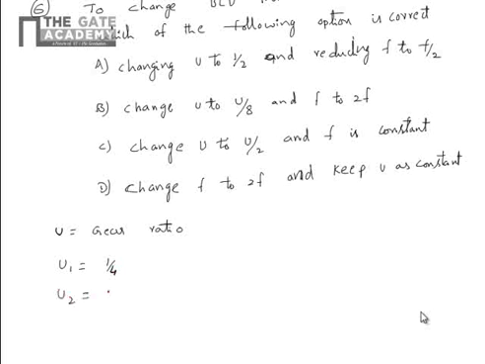If we change the gear ratio u2 to 1 by 2, that means increasing the gear ratio, then what will happen? The effect of f, there is no effect. There is no impact of frequency f on BLU.